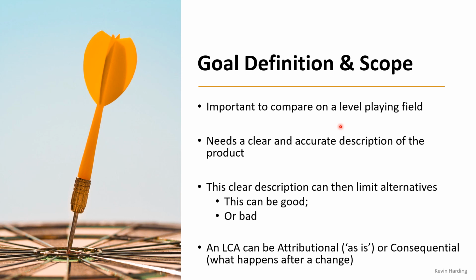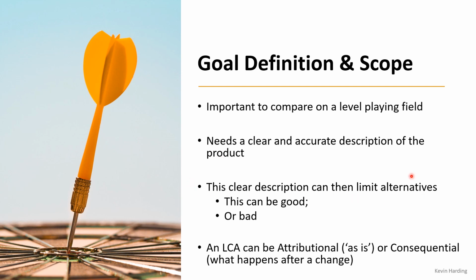So when you put it on the shelf in your Woolworths-equivalent shopping center, and you pick up that apple juice versus a different apple juice, you can see that the one is 2019 data, the other is 2018 data. So which one is more relevant? That sort of thing. Obviously, the description needs to be clear and accurate, which goes without saying. That can then limit the alternatives.